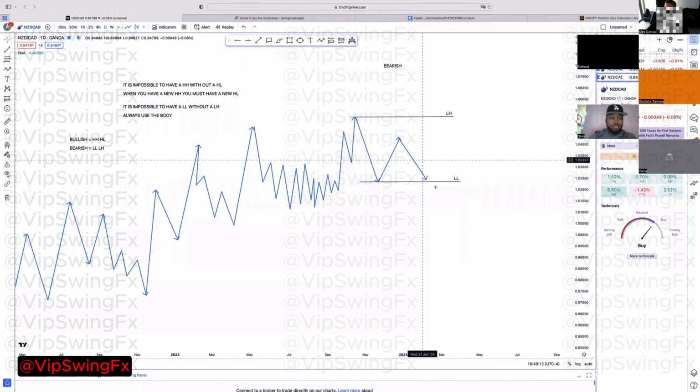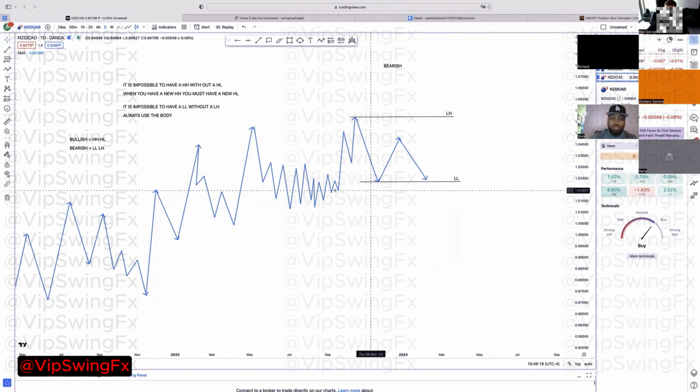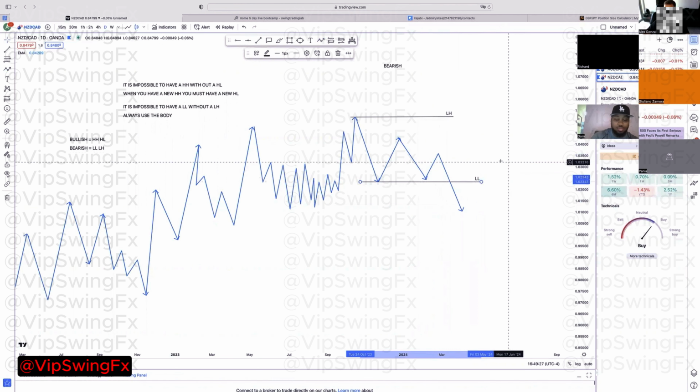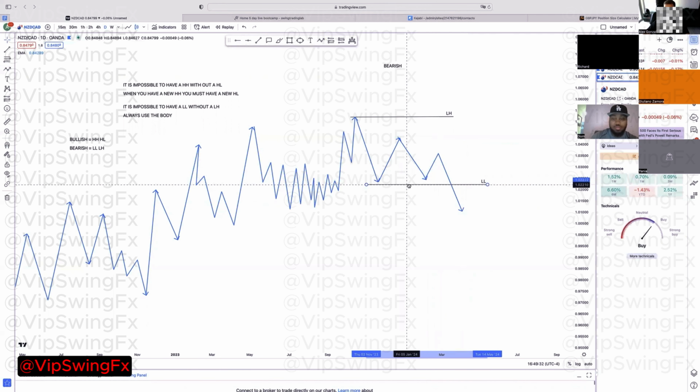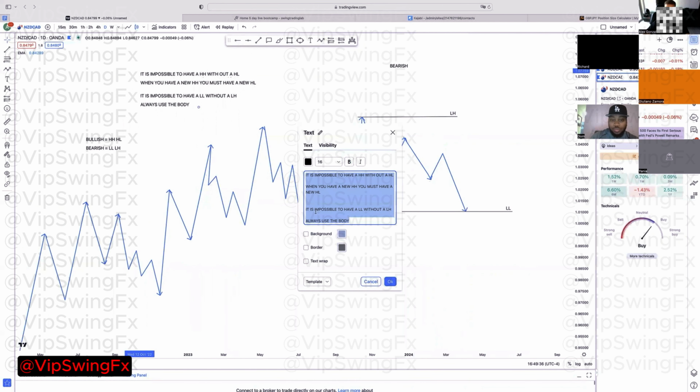Is this market bullish or bearish? Correct, correct, correct. Beautiful. So what about now? Bearish, correct? So we have a new lower low. So same thing right here.